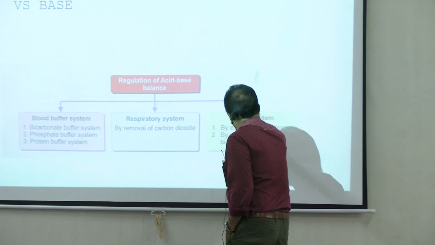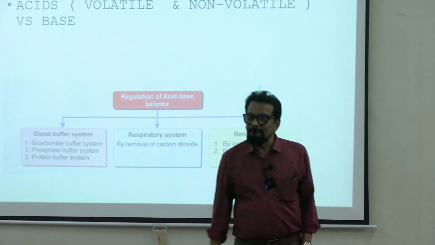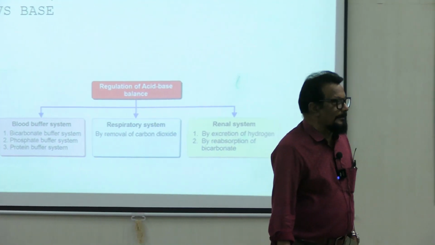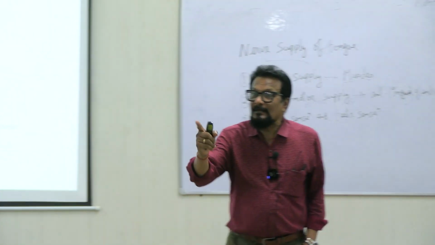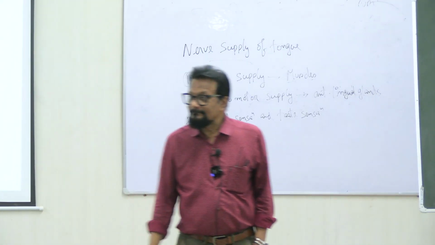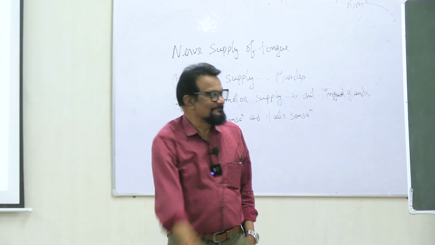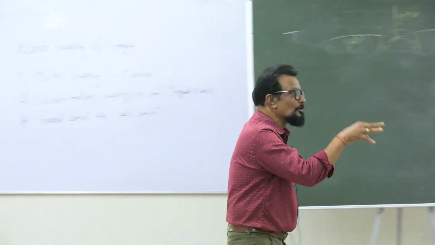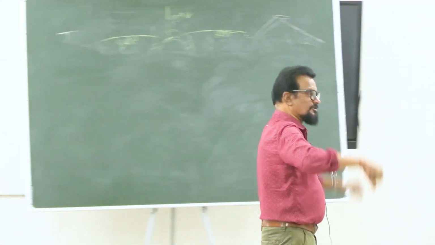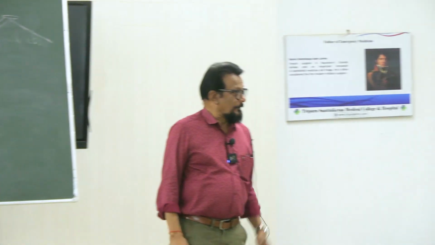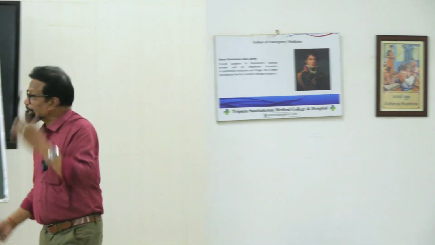The kidney is the vital organ in controlling this. How much time can it take? Days, months. It is a very slow process, but very efficient. Its capacity is much higher.